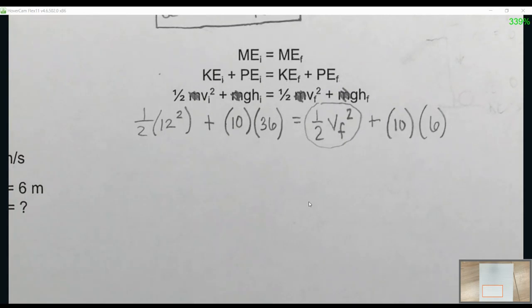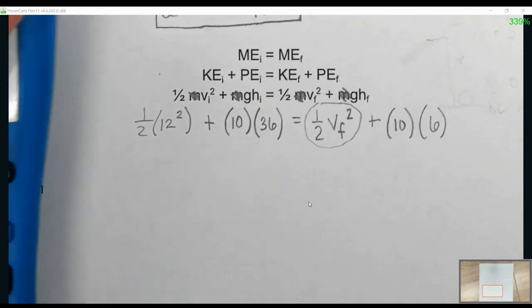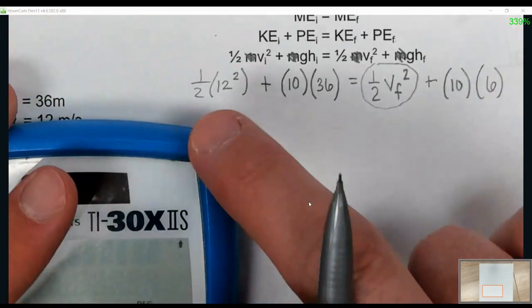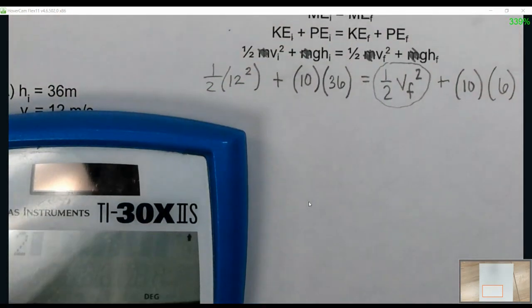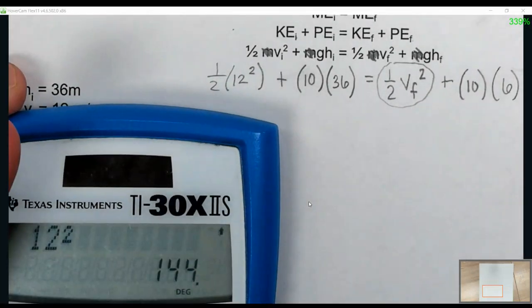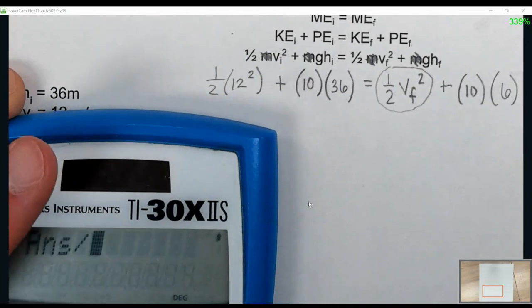Now, how I want you to do it is to simplify piece by piece. What I would suggest is doing inside the parenthesis first. So 12 squared is 144. Then I'm going to divide that by 2.